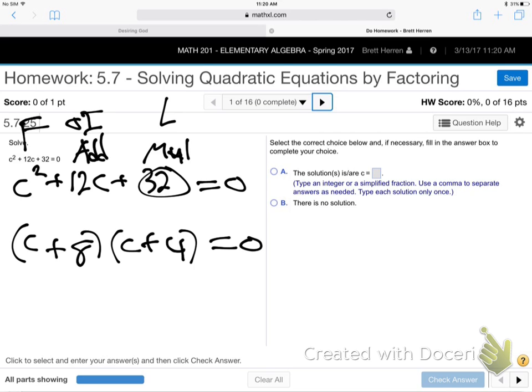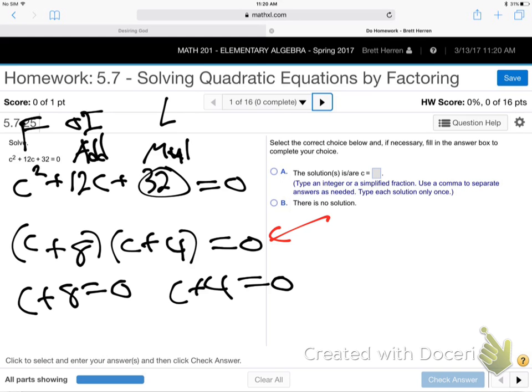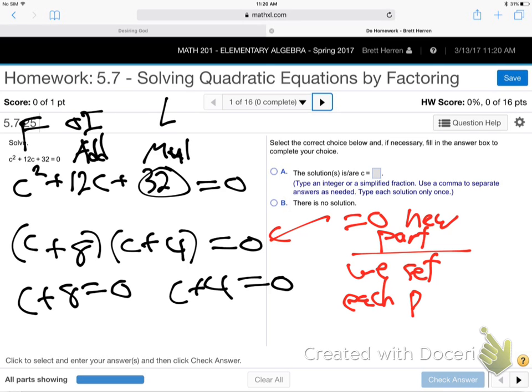You take the first one equal, and just get rid of the parentheses. You set them each equal to 0. So the new part is the equal 0. That's what's new in this section. What we do about that is we set each part equal to 0 and solve.